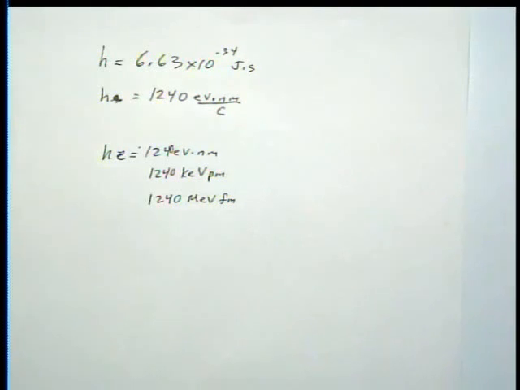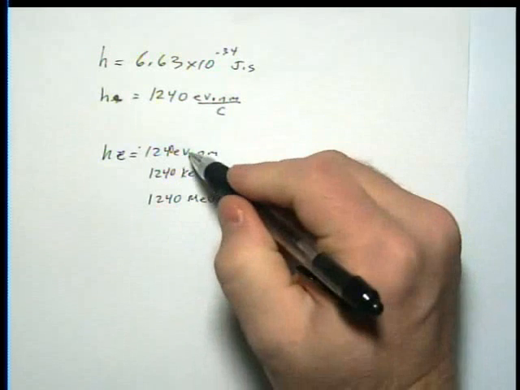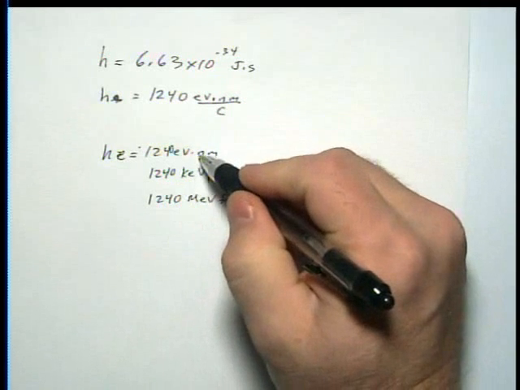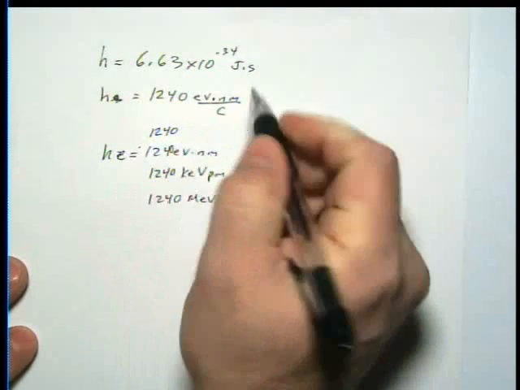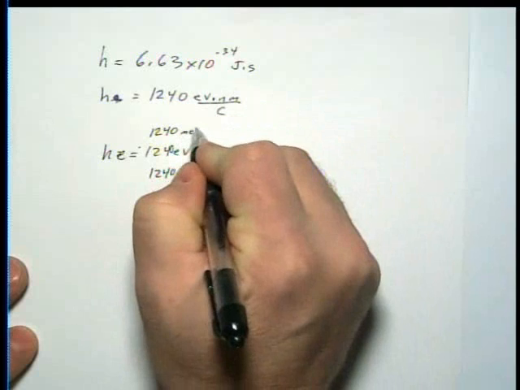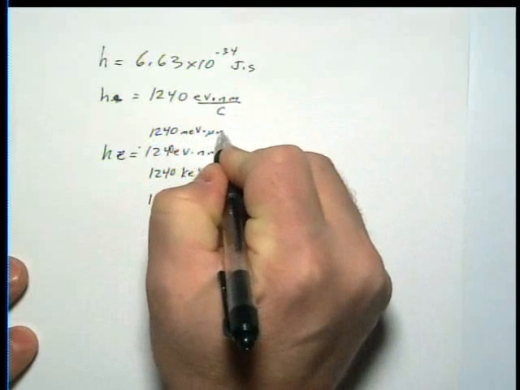You could go the other way. Instead of making the energy bigger, you could make the energy smaller. 1240 milli-electron volts, microns.